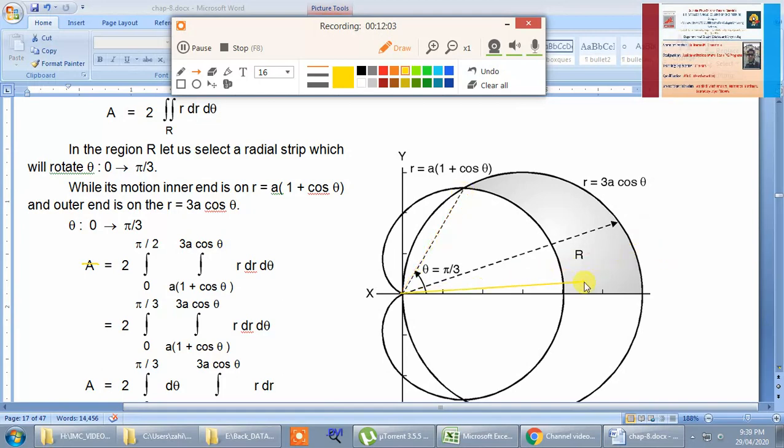During its motion, the inner end of the strip is on the cardioid r = a(1 + cos theta), whereas the outer end of the strip is throughout on r = 3a cos theta, that is the circle. So the limits: 2 times the integral from 0 to pi by 3, and from a(1 + cos theta) to 3a cos theta, r dr d theta. And we can evaluate this integration very easily, as we have seen in the previous method.